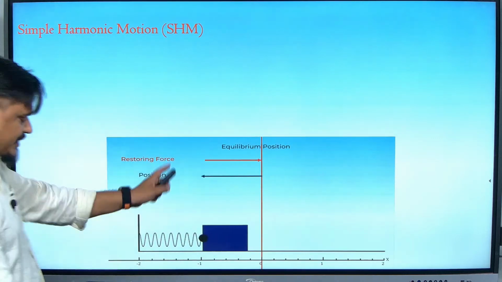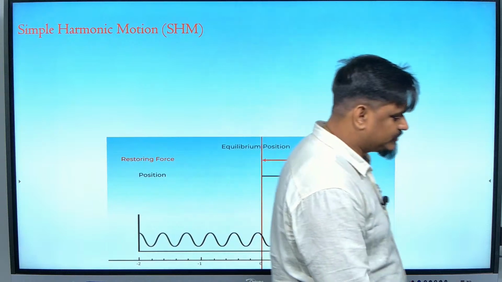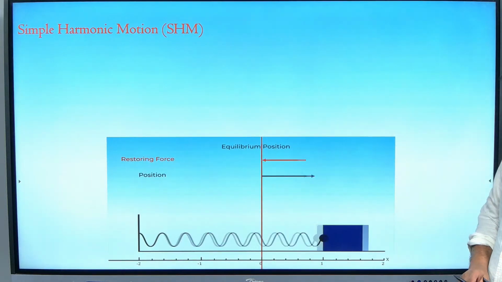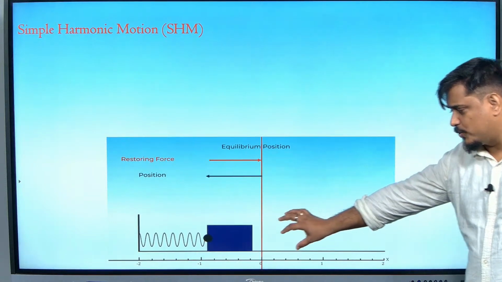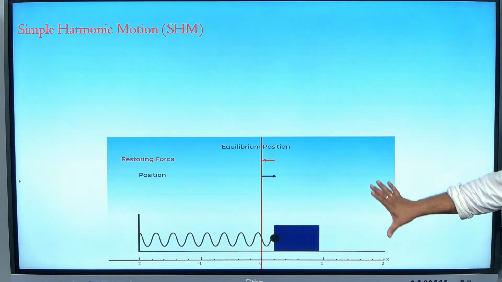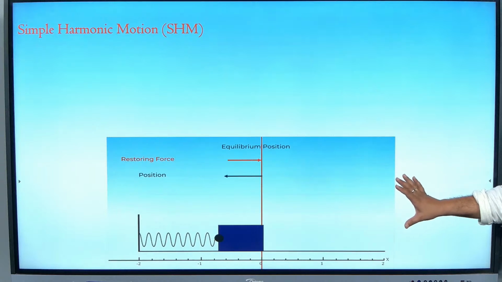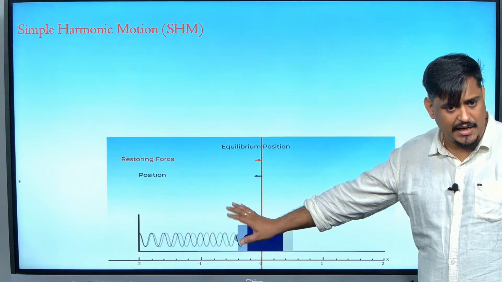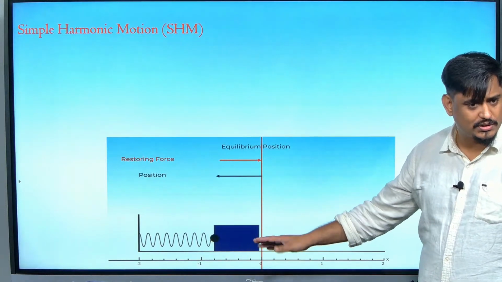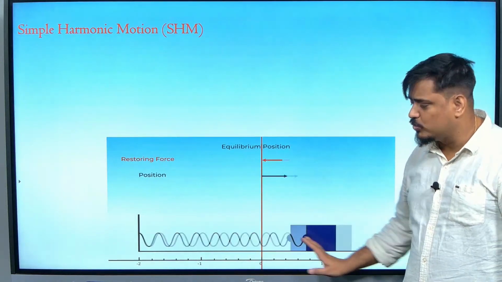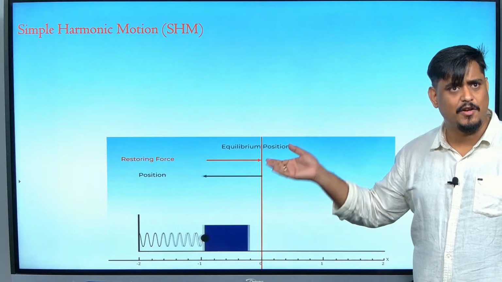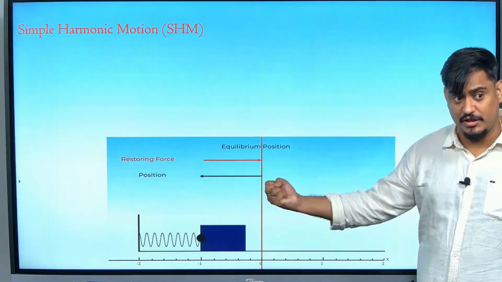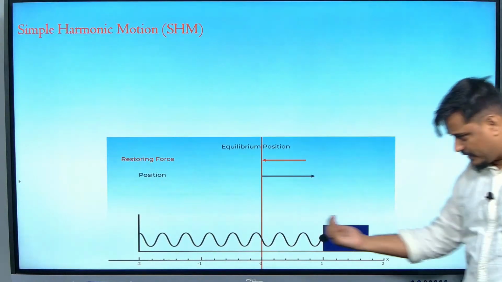If you see this object, that is a mass attached to a spring, and if I pull it towards the right and release it, what will happen? By itself, it goes in the back direction, right? It does not stop here, it overshoots, compresses the spring and goes towards the left. Once again, when its velocity becomes 0, it stops, but now it has elastic potential energy. Once again it will come back.